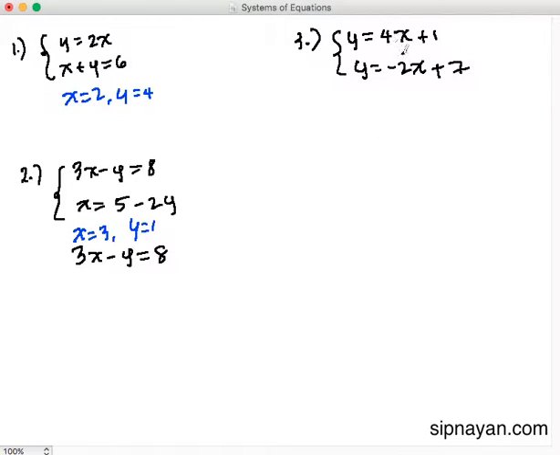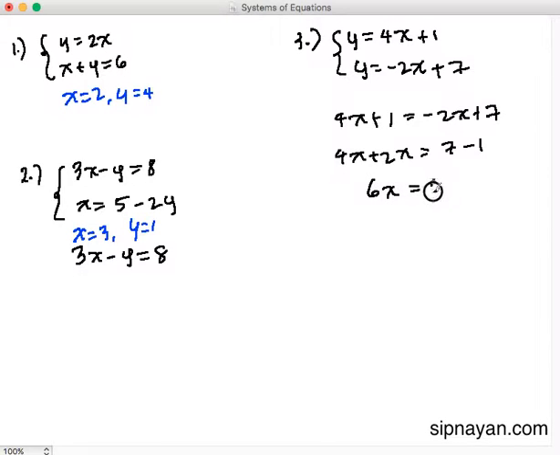So we can equate them because they're both y, so they are equivalent expressions. So 4x plus 1 is equal to negative 2x plus 7. And then 4x plus 2x equals 7 minus 1. We have 6x equals 6 and x is equal to 1.